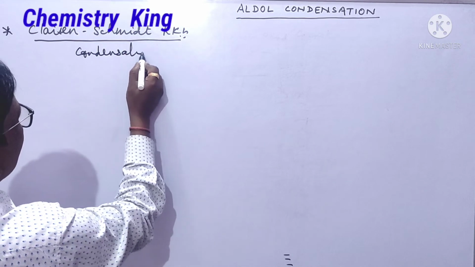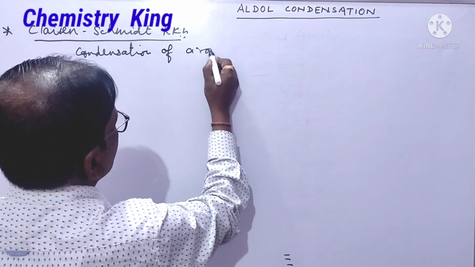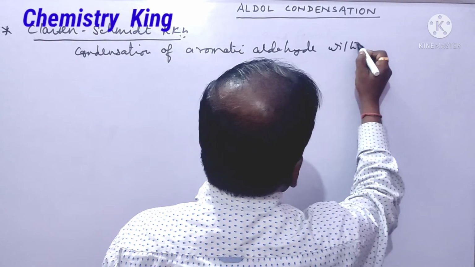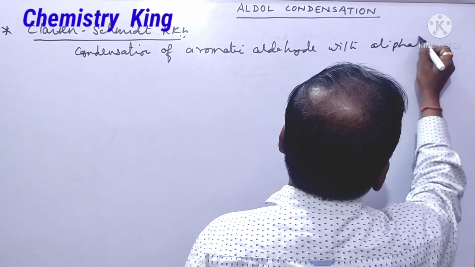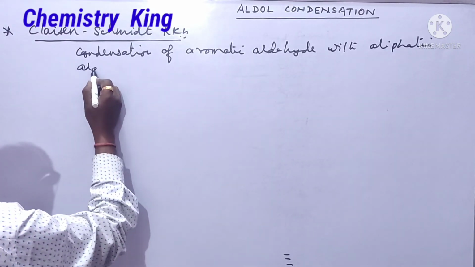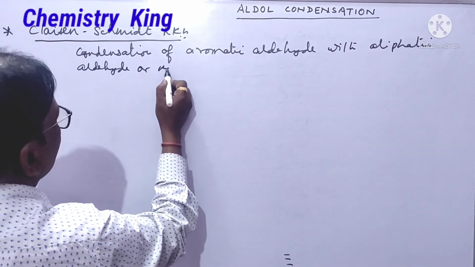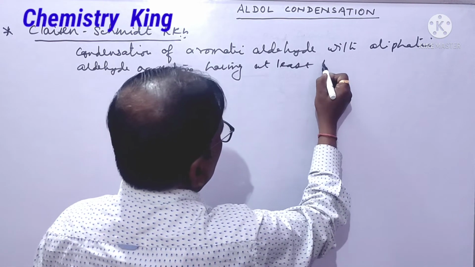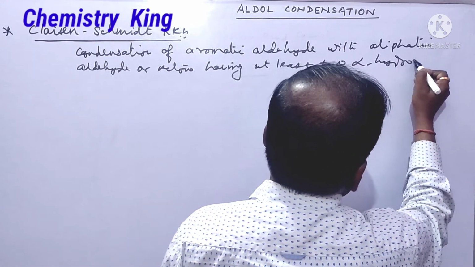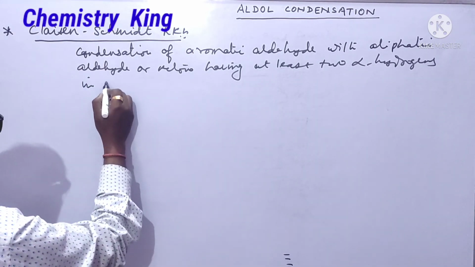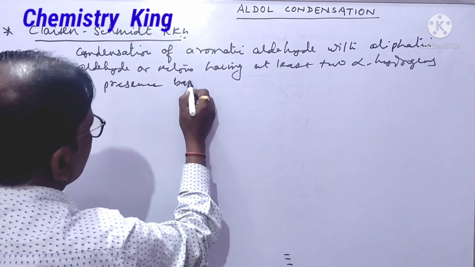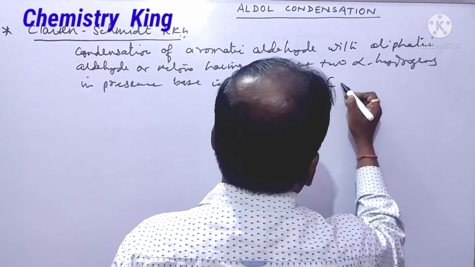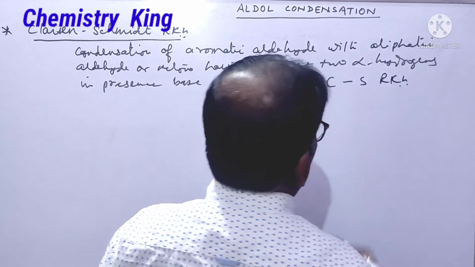Condensation of an aromatic aldehyde with an aliphatic aldehyde or ketone having at least 2 alpha hydrogens, in the presence of base, is known as the Claisen-Schmidt reaction.